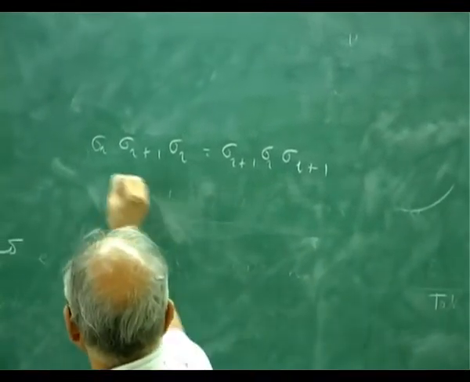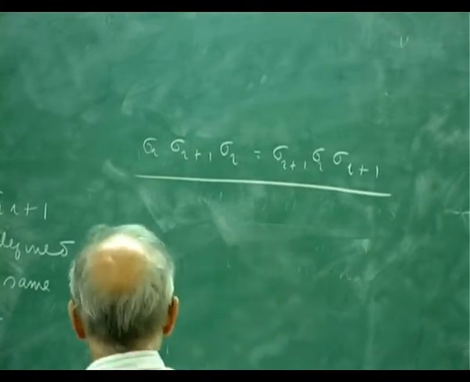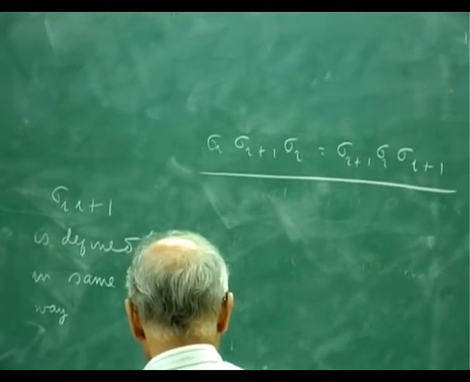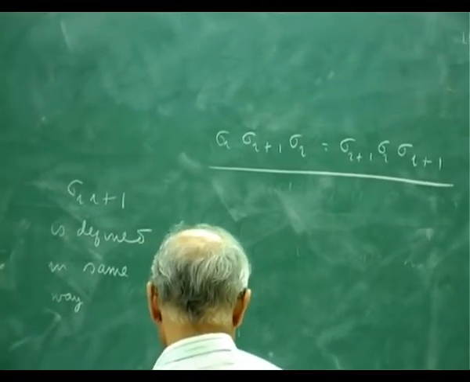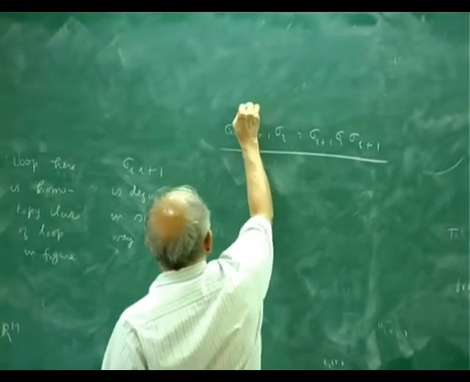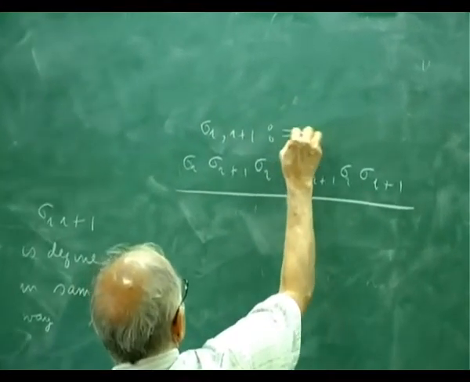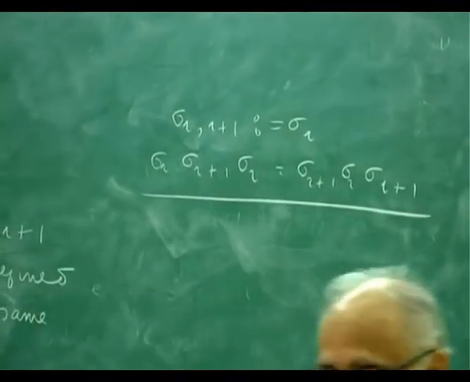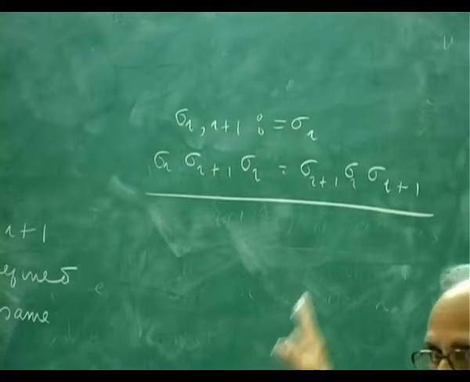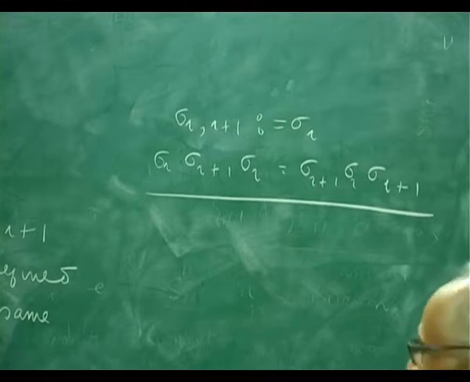I want to prove this. By the way, sigma I plus 1 by definition is sigma I. Here I put two indices there. Because I am only looking at transpositions of adjacent letters, I can simplify it. So that's how they write it.